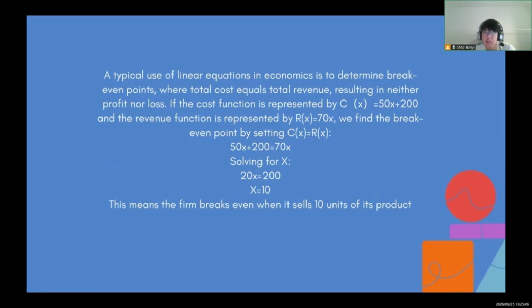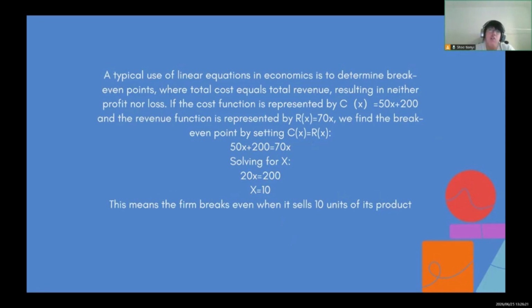Let's assume the cost function is C(x) = 50x + 200, and the revenue function is R(x) = 70x. We find the break-even point by setting C(x) = R(x). It is not difficult: 50x + 200 = 70x, so subtracting 50x from both sides gives 20x = 200, and x = 10.